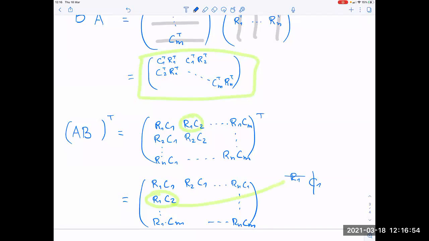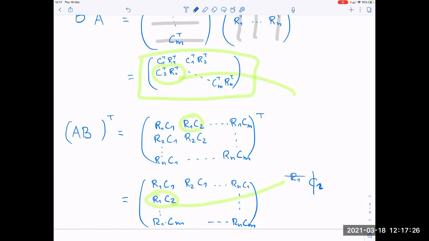And now I want to compare it with this element here, which is the transpose of C2. So, oh, sorry, I'm too quick today. So let's do this again. R1, C2 is row R1, column C2, dot product. I want to compare it with C2 transpose, R1 transpose.